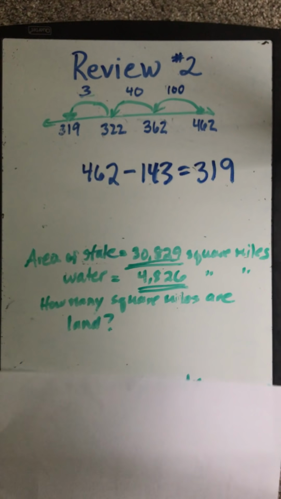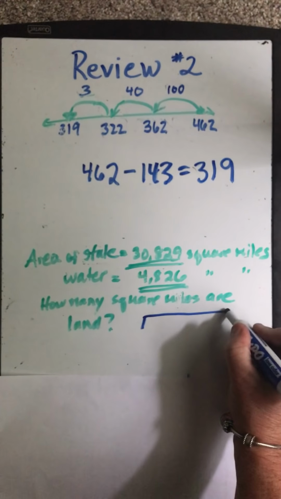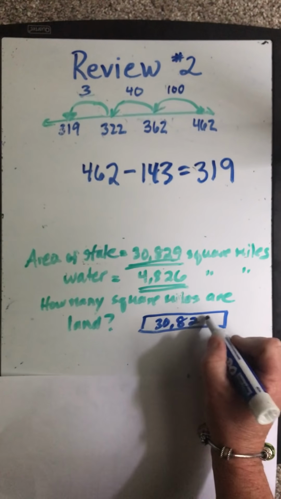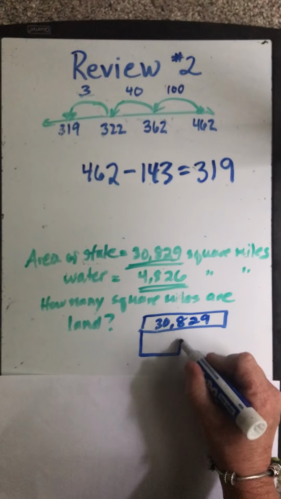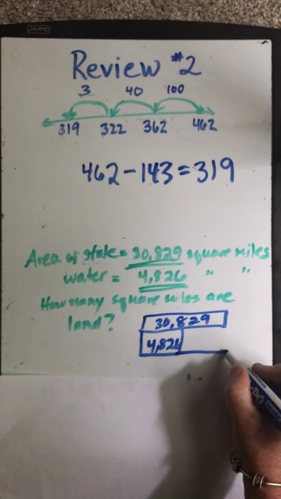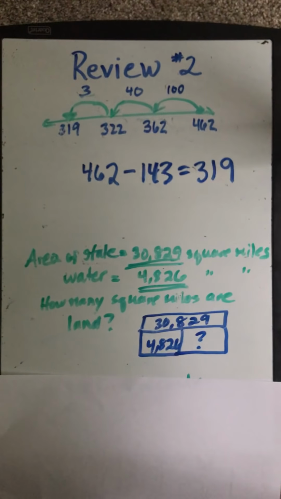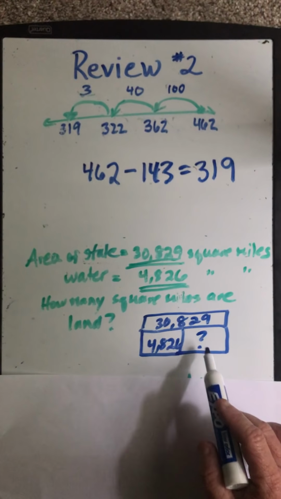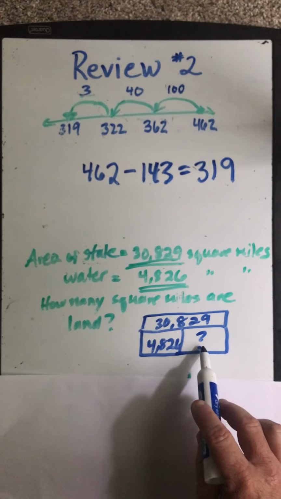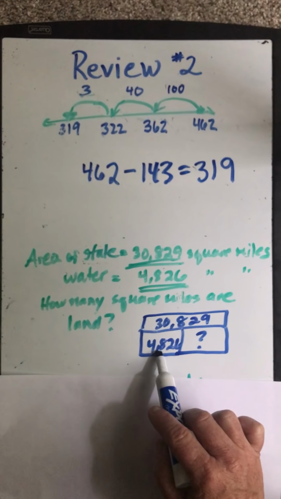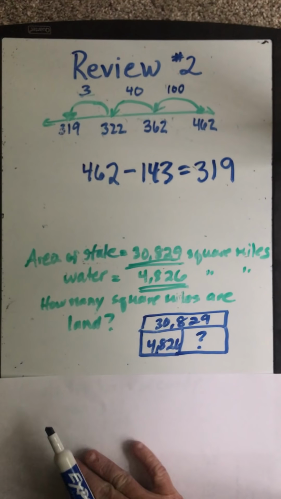So how would we solve that? Well, we know that the total here is 30,829. We know that part of that is the water, 4,826, and we're missing that one piece. Okay, how much is the land? So in order to solve a problem like this, we have the total, but you're missing a part. We're going to take the total, and we're going to subtract out what we know, and that's going to give us the missing number.